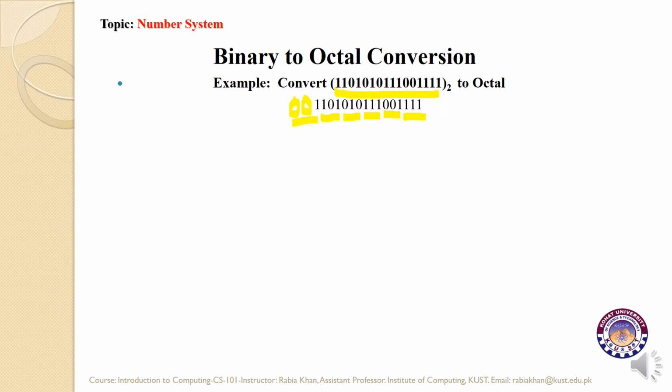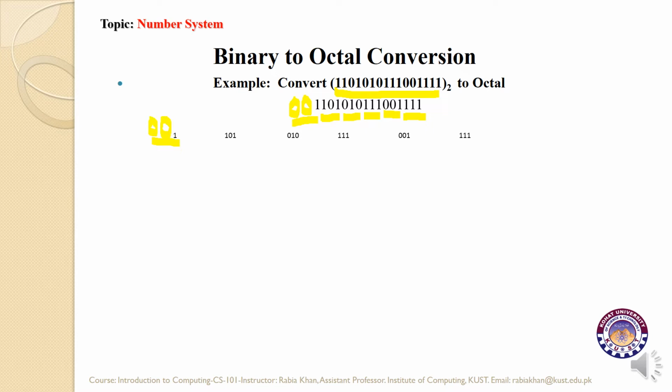So let's divide this binary number, and we get this. First group is 1 1 1, second group is 1 0 0, third group is 1 1 1, fourth group is 0 1 0, fifth group is 1 0 1, and the sixth group is just a single 1, so we can add 2 zeros to complete this group.